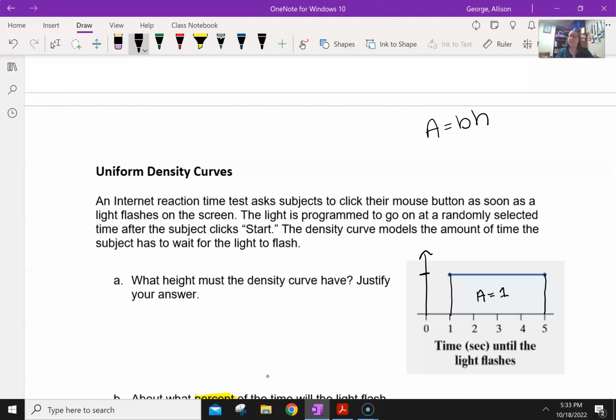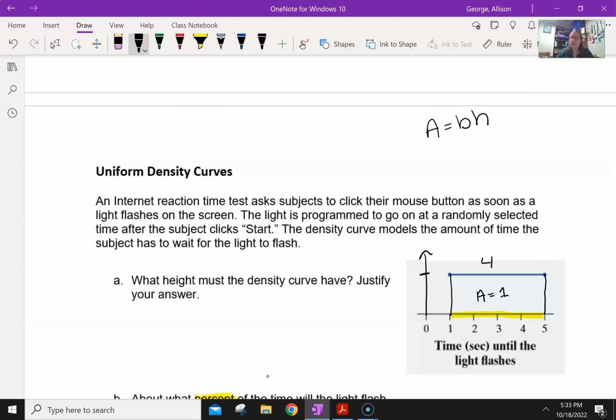However, you can do it either way. So we know the area of that rectangle has to be 1. And we can count to figure out how long the base is. I'm looking on my x-axis, going from 1 to 5, so my base is 4 units long.